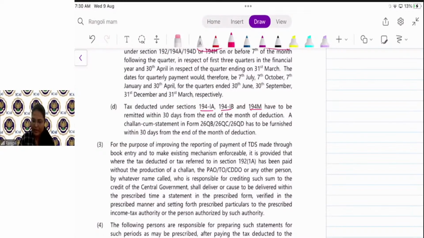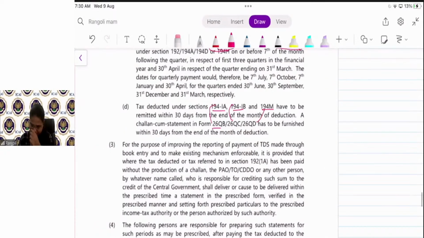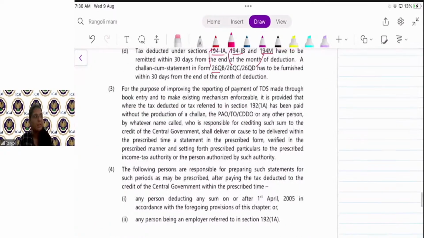And the form is 26QB for 194IA, 26QC for 194IB, 26QB for 194M, right? You can make the payment of TDS through online mode or through cheque.